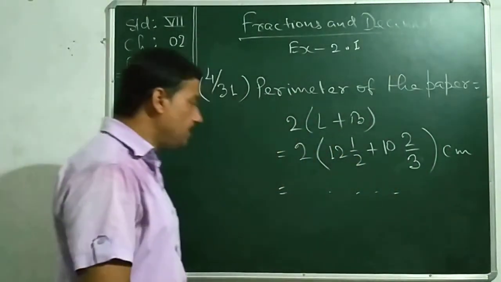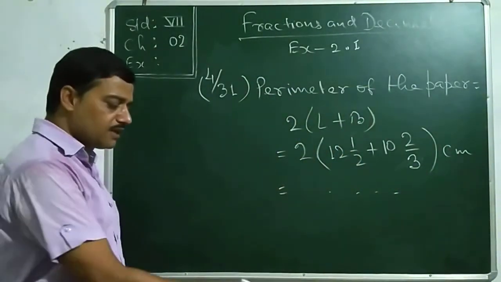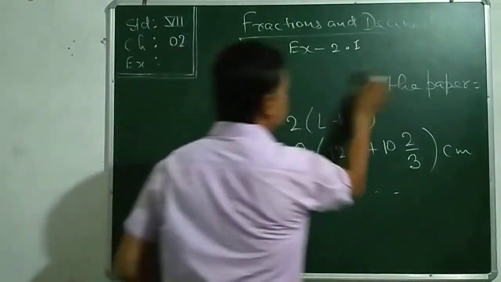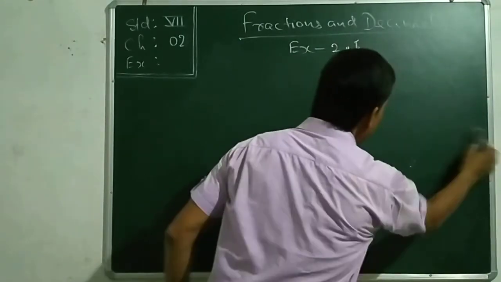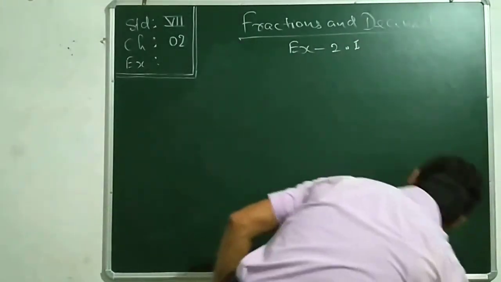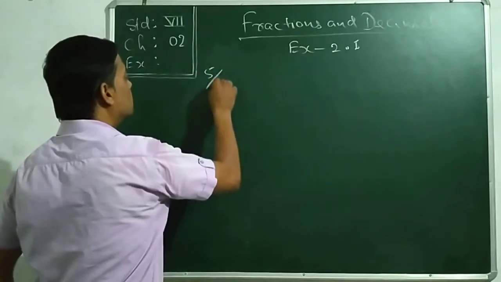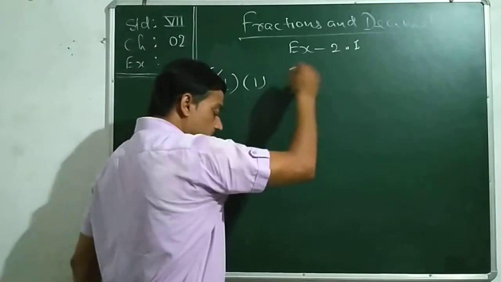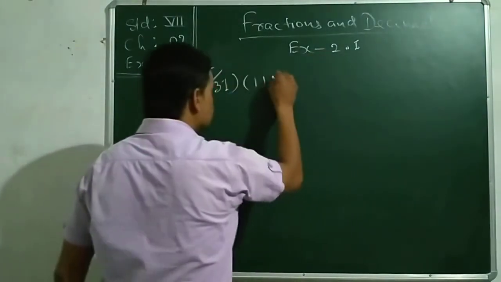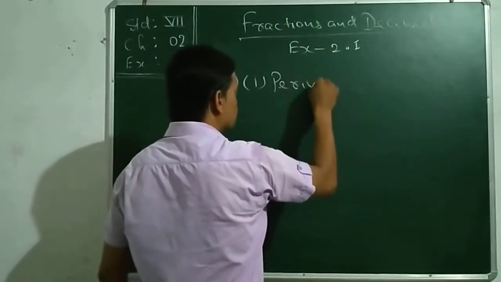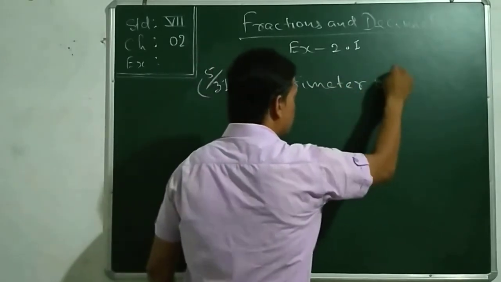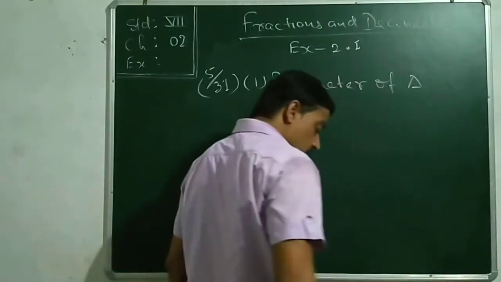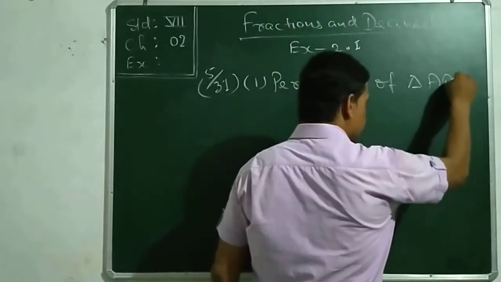In the 5 number, very similarly, a diagram is also given there. In the 5 number sum, two perimeters are required to be found. In the first part, perimeter of triangle ABE.